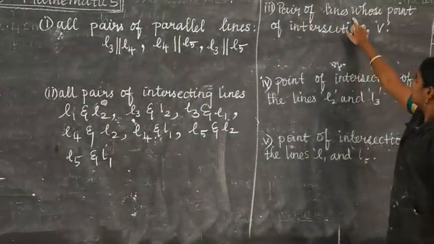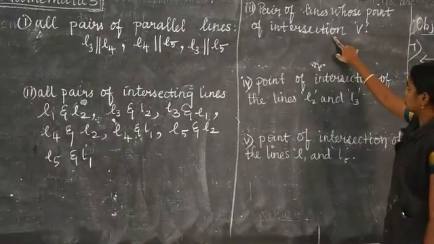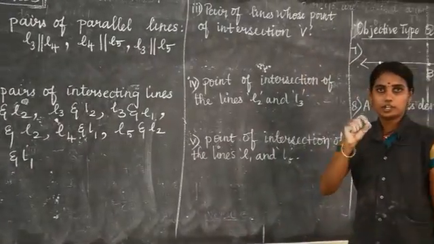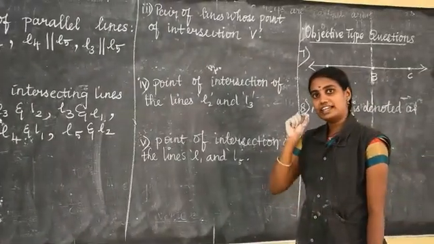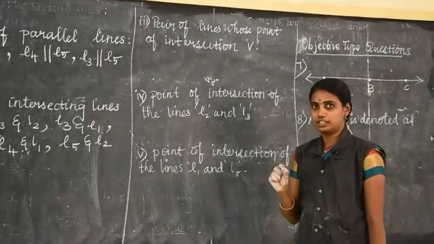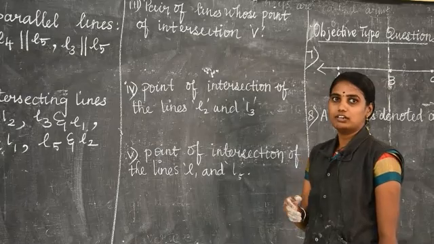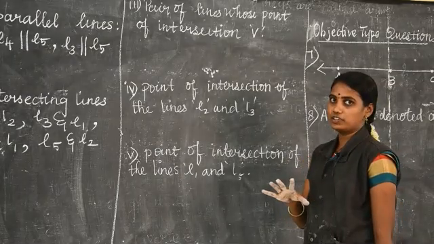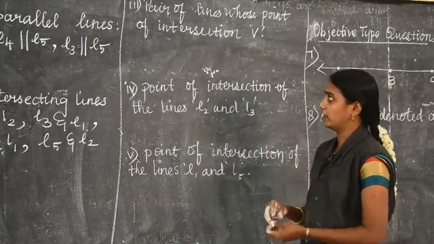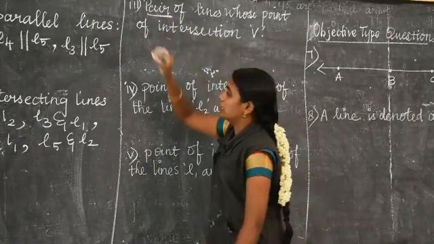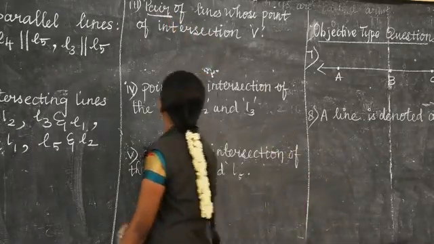Okay, next, pair of lines whose point of intersection is V. Find where the V is. Then it's cut by two lines. The point V is cut by two lines or three lines? Since it's given pair, it must be two lines.